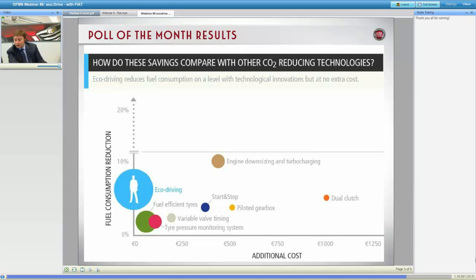So the most important thing is that eco-driving is at zero cost for the consumer, whereas the other innovations are, yes, very efficient, but always have a cost on the user side.